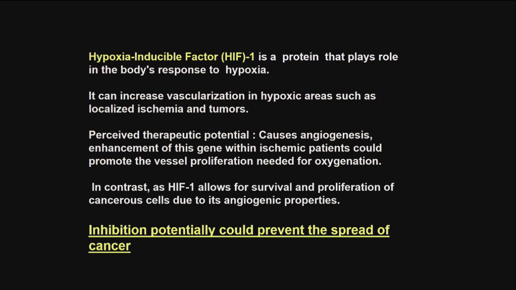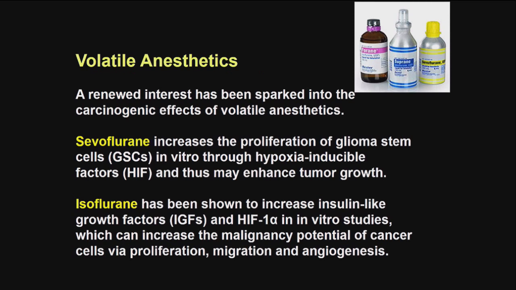So it looks like if you inhibit this HIF substance, you potentially prevent the growth of metastasis. On the other hand, inhaled anesthetics are found to create proliferation of glioma cells, and they enhance the HIF factor. Isoflurane is the same thing, HIF factor. So both of these volatile anesthetics actually increase your incidence of metastasis in cancer surgery.